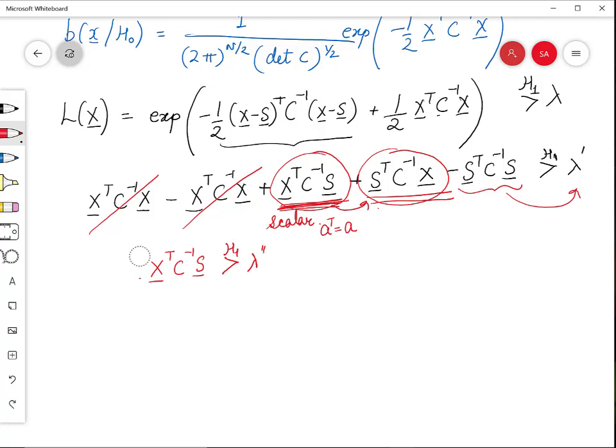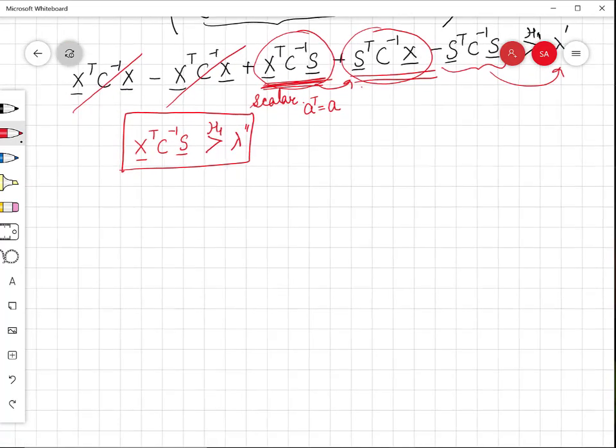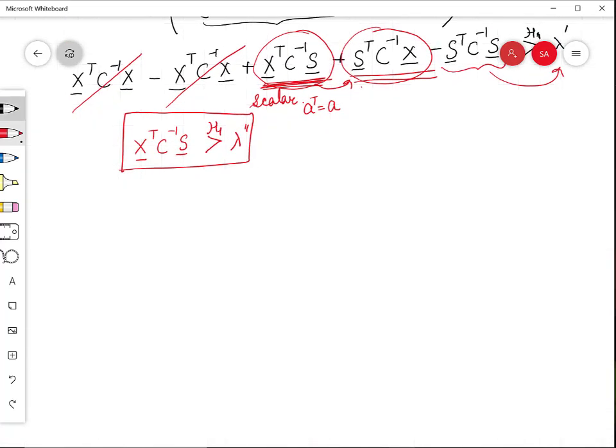I can take 2 to the other side and this becomes our final expression. So this is our test statistic here. Our test statistic is X transpose C inverse S.